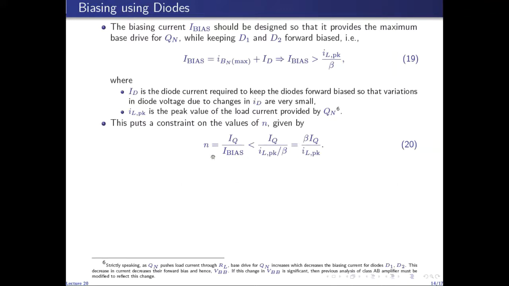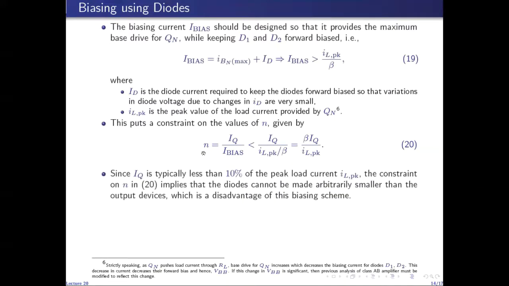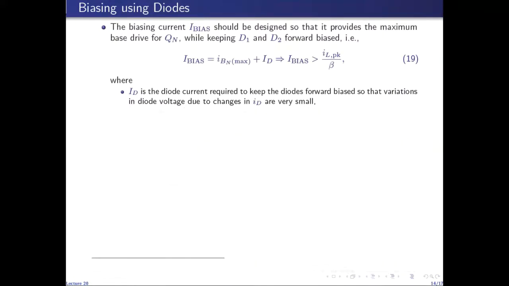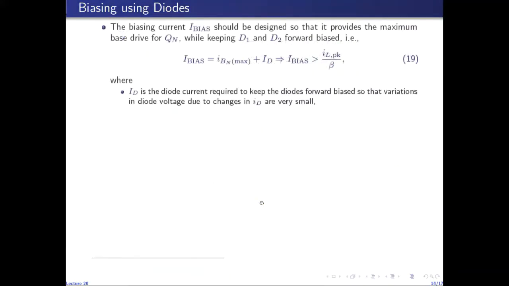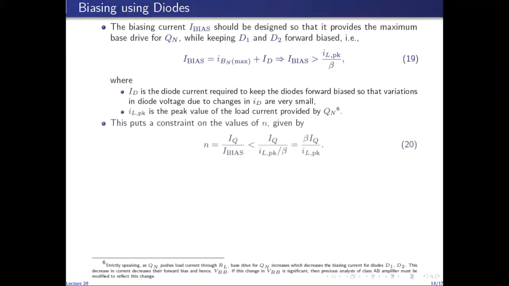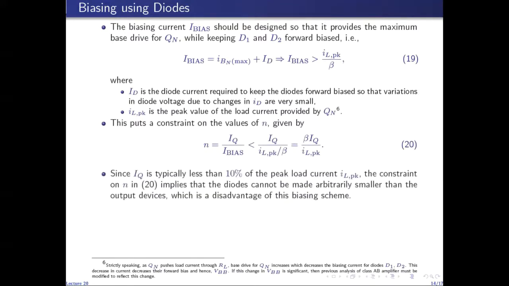This means that we cannot make N arbitrarily large. In other words, N is made large if the diodes are made smaller compared to the output devices. So this puts a constraint on the size of the diodes, that we cannot arbitrarily decrease the size of the diodes relative to the size of the output devices.